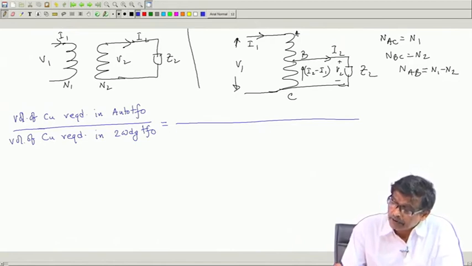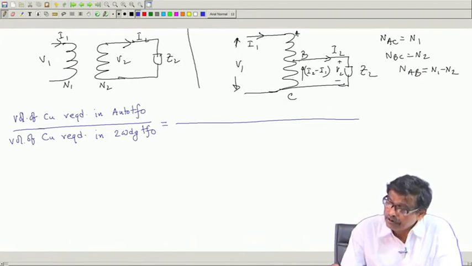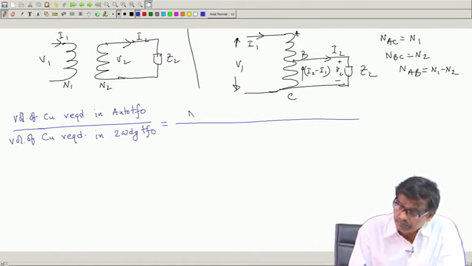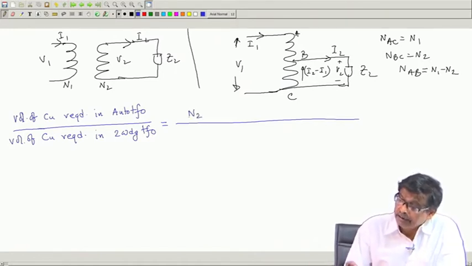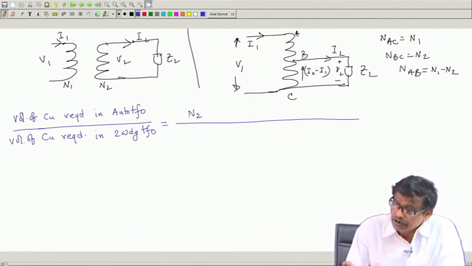Now, what is the number of turns? Length of the wire will be proportional to NBC, is it not? And NBC is N2, into the cross sectional area proportional to the current.